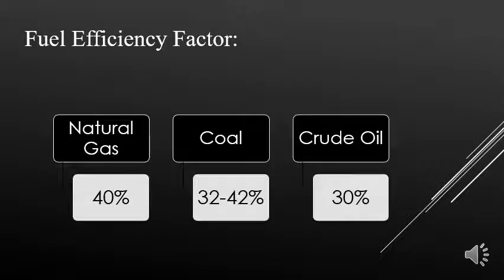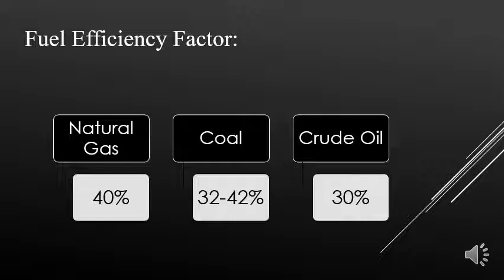Basically, fuel efficiency is known as thermal efficiency, meaning the ratio of effort to result of a process that converts the chemical potential energy of a fuel into kinetic energy of work. The fuel efficiency is mostly given by natural gas.